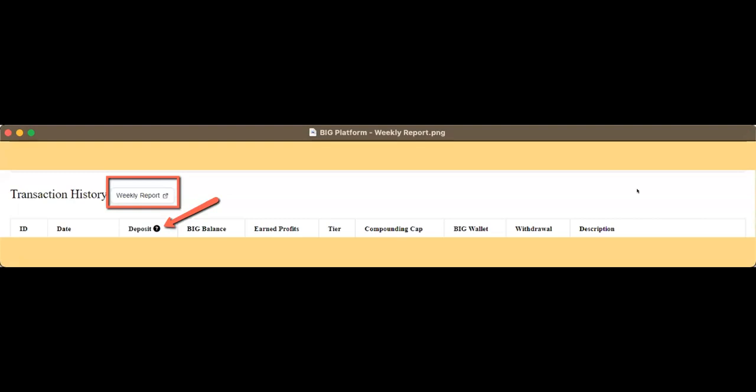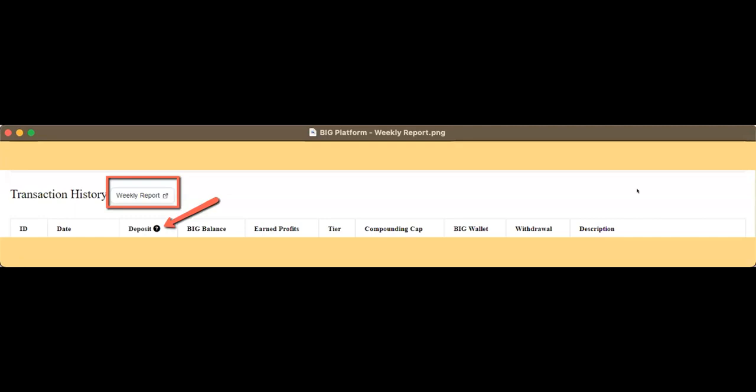So what we've done is we have taken every week and combined it on one line. It's going to show everything. So when you see this button available on your big page and you click on weekly report, it will give you the total combined activity for your big account for the week.